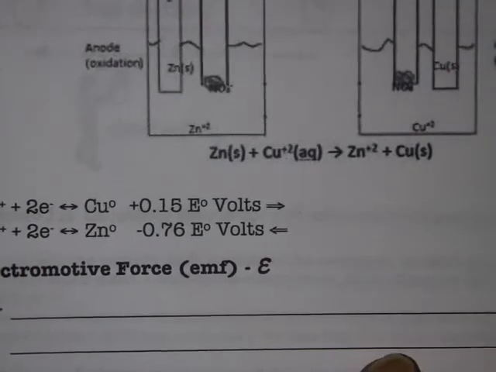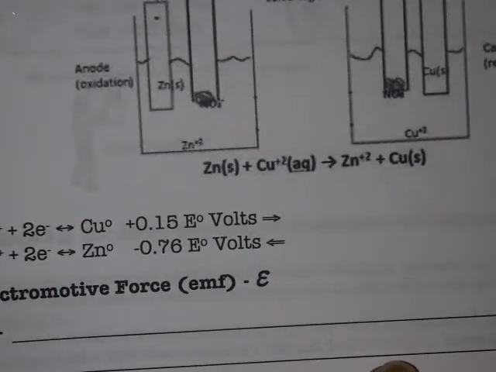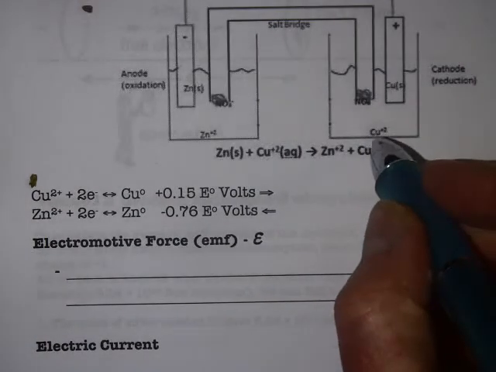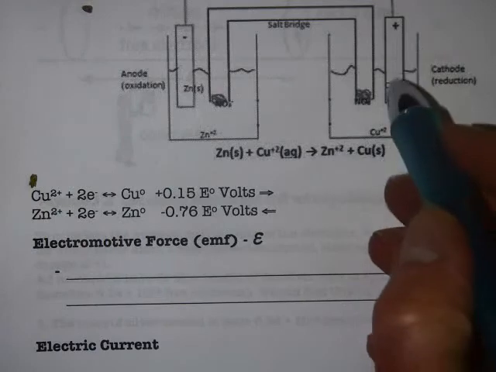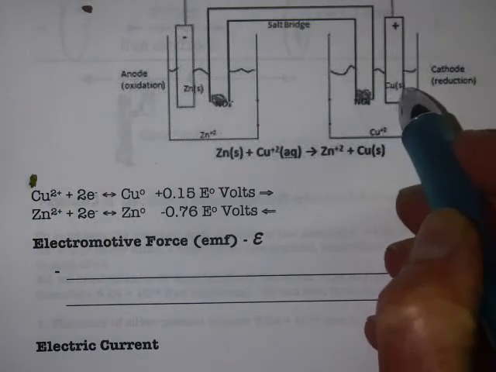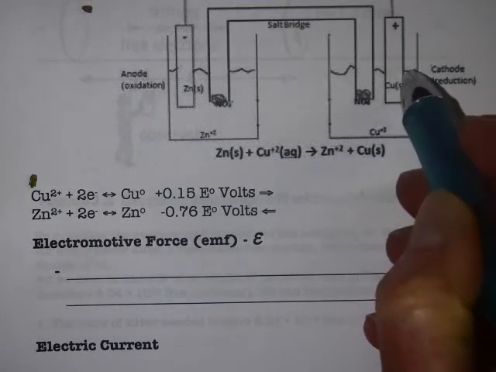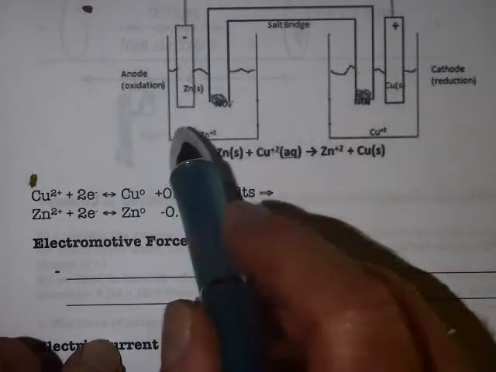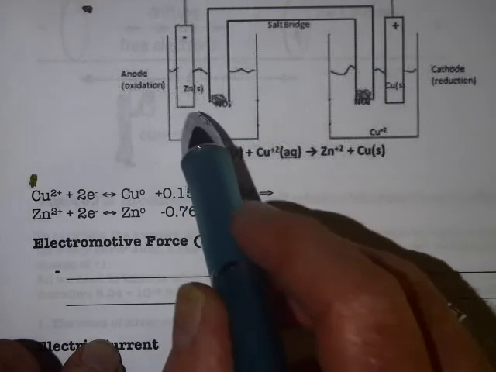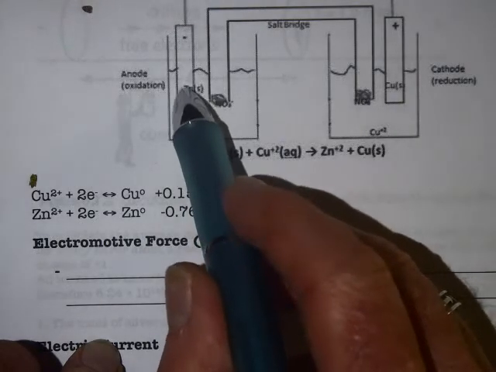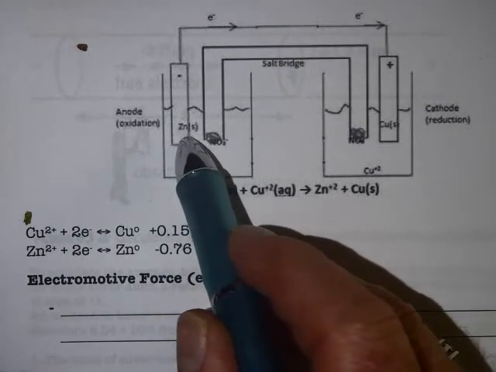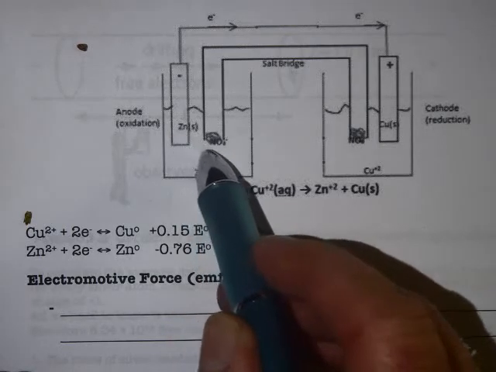If you were to take the copper ions here and add 2 electrons to them, you would basically be taking the copper out of solution and plating it on here. And at this end, the zinc that is in the electrode has a greater tendency to lose electrons, and the ions would go into solution here.